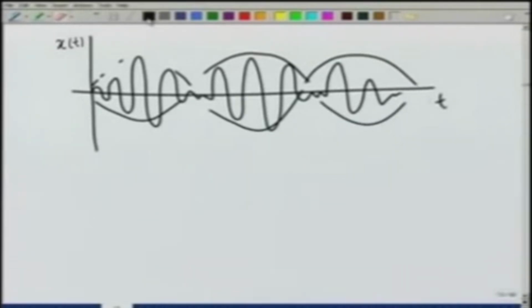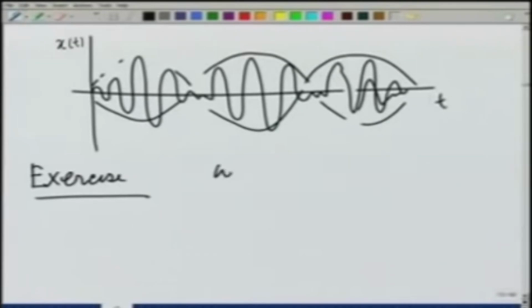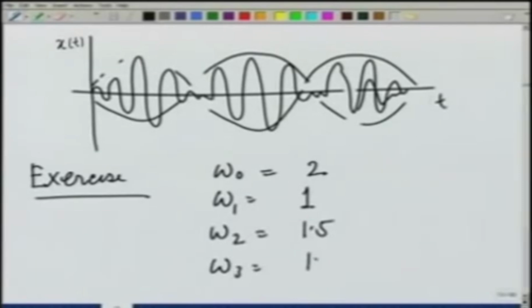I have given you a general behavior when these two frequencies are superimposed. What I would urge you to do is an exercise: choose an omega 0, let us say some number 2, choose an omega equal to 1, choose another omega 1.5, choose another omega 1.7, and so on, and try to plot these.